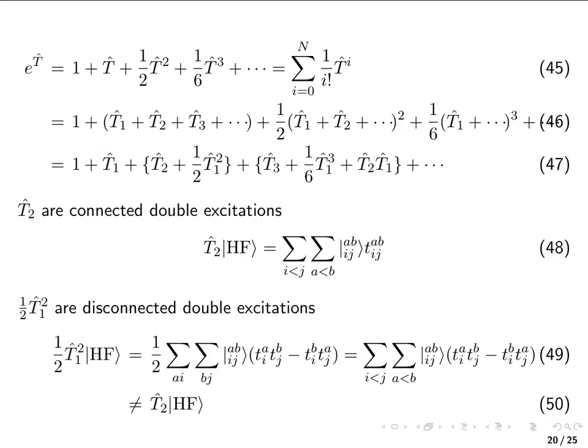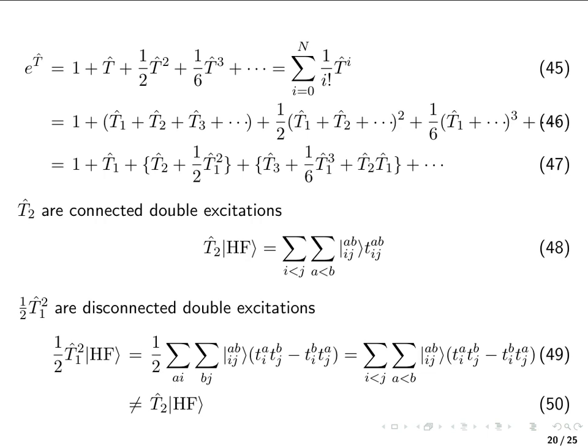In the next one, I have double excitations, and I get double excitations from the T2 operator, but I also get double excitations from 1/2 T1 squared. T1 squared, a single excitation followed by another single excitation, of course also gives a double excitation. In the next parenthesis, I have grouped together all the terms which give us triple excitations. Of course, I have T3, then I have 1/6 T1 cubed, and then T2 T1, and so forth.